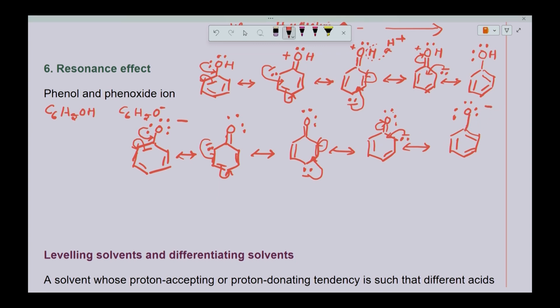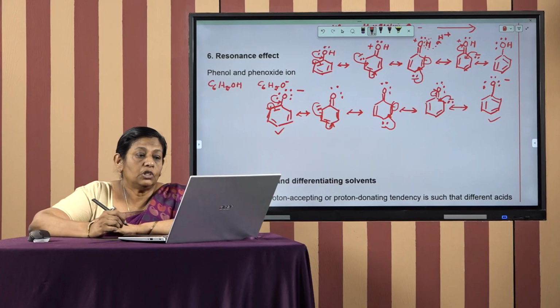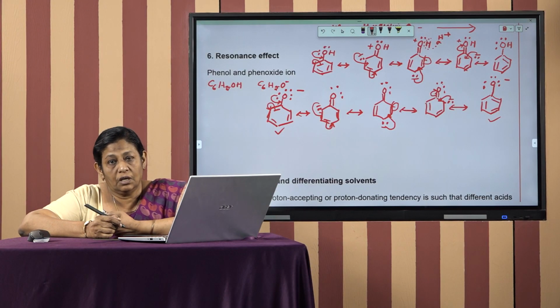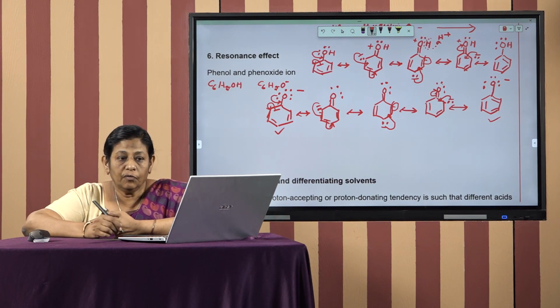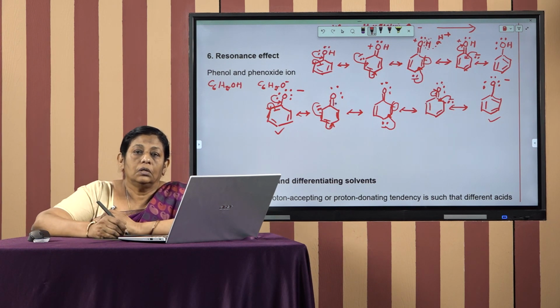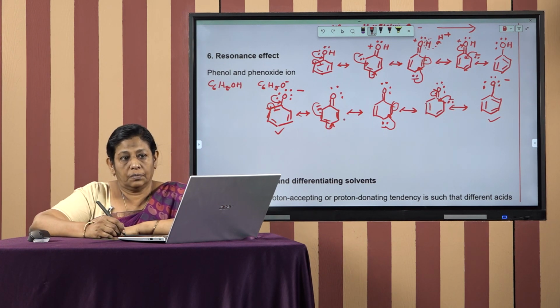with a negative sign. So, these two cases, in which oxygen is carrying a negative sign, but this has been delocalized or resonated throughout the ring, and therefore, the phenoxide ion is stabilized by resonance.